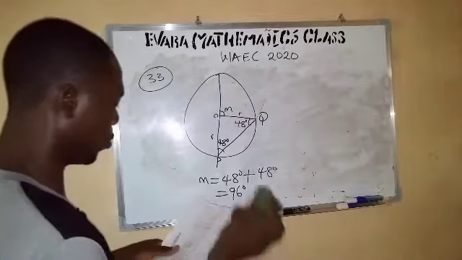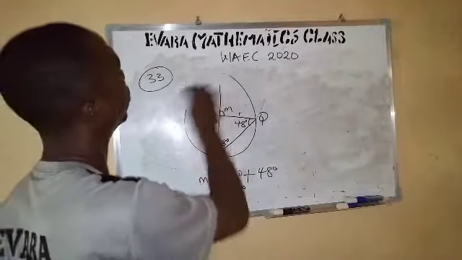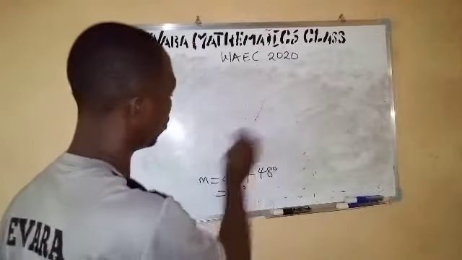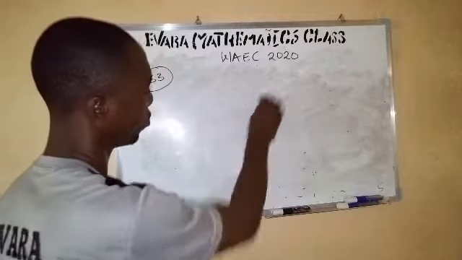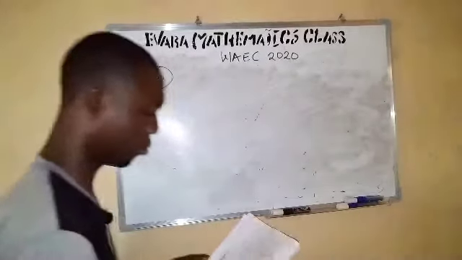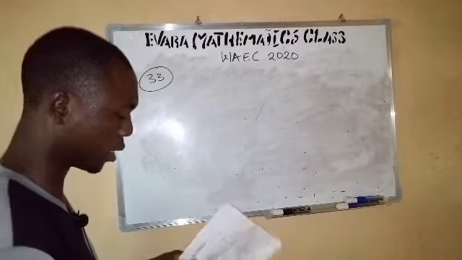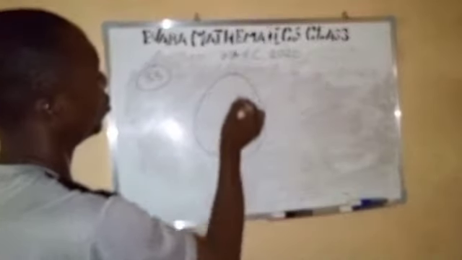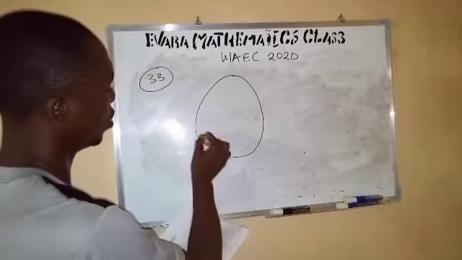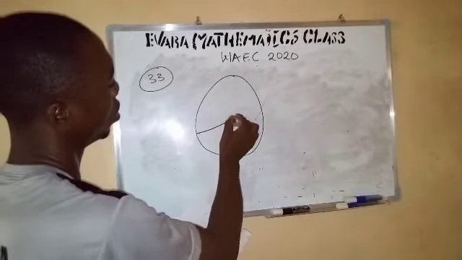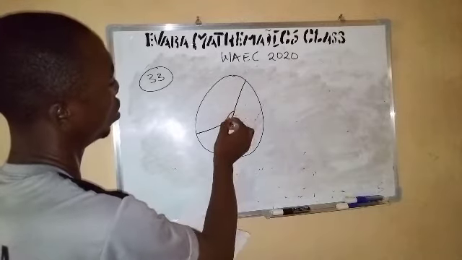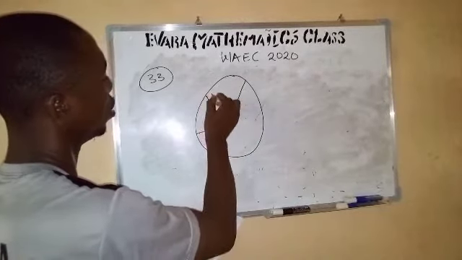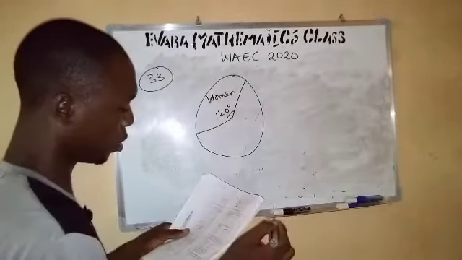Let's take question number 34. Question 34. This is on pie chart. We have a question on pie chart. This is 120 degrees for women.